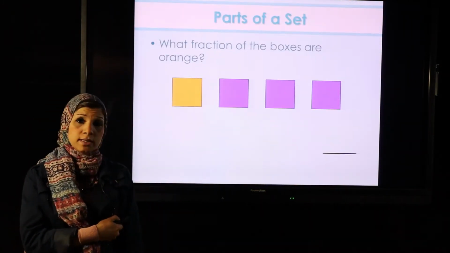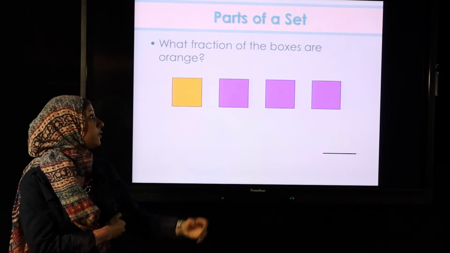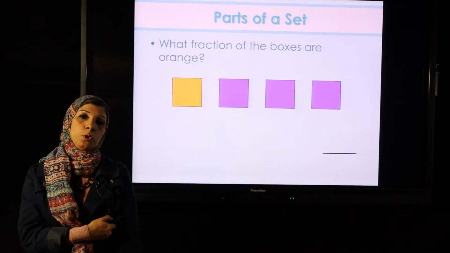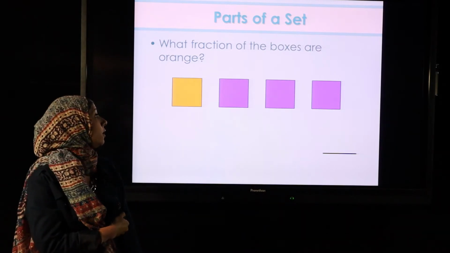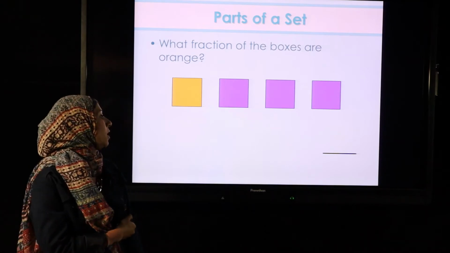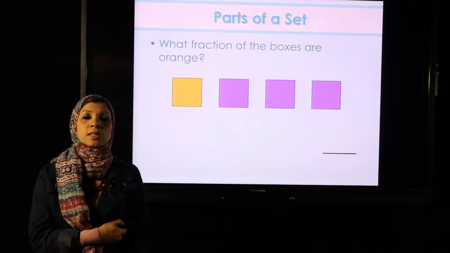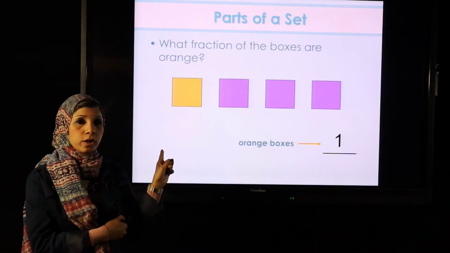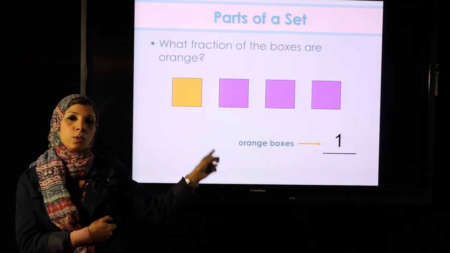We have another example. A set of squares. Some are yellow and the others are purple. And it asks about the orange ones. It asks me about the boxes which are orange. So we write how many are colored orange, which is 1.